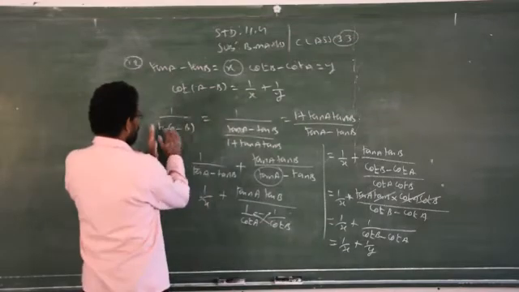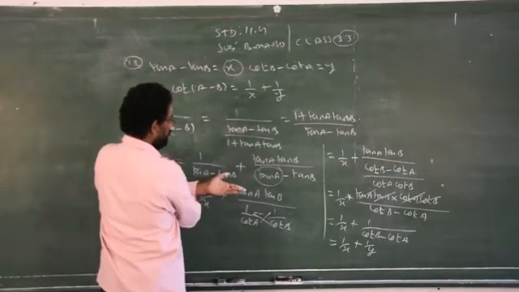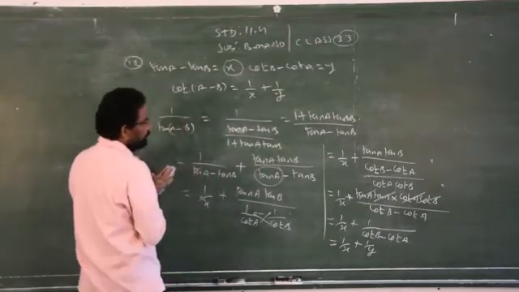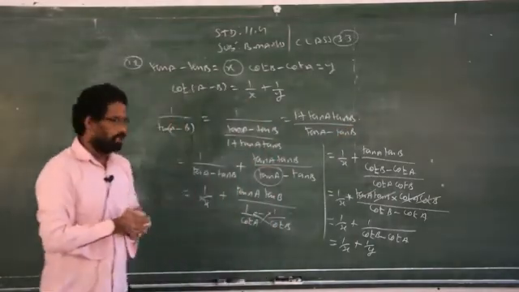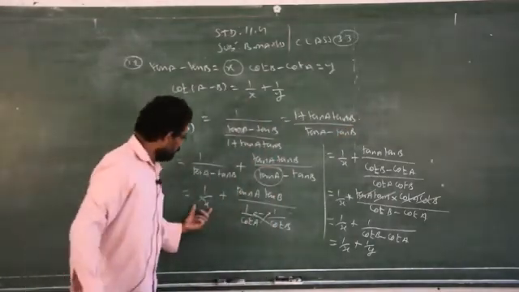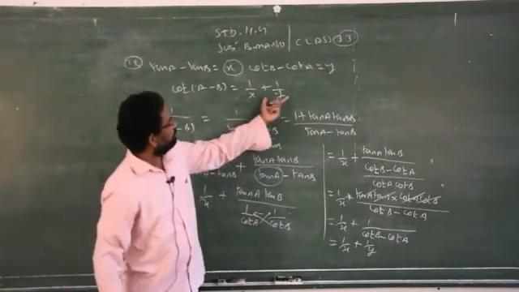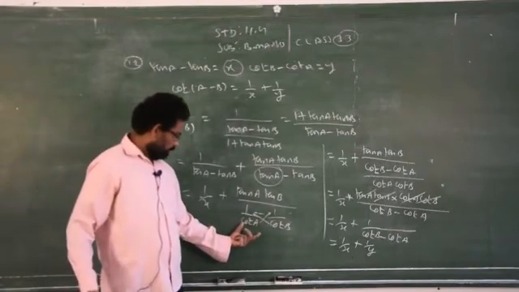Just I am taking the tan A minus B formula, then I am taking the reciprocal of this one to get tan A plus B for tan A minus B. Then I separate the numerator with respect to the denominator. Then I got the first term of the required answer, but I have to get 1 by Y for the remaining term of my answer.